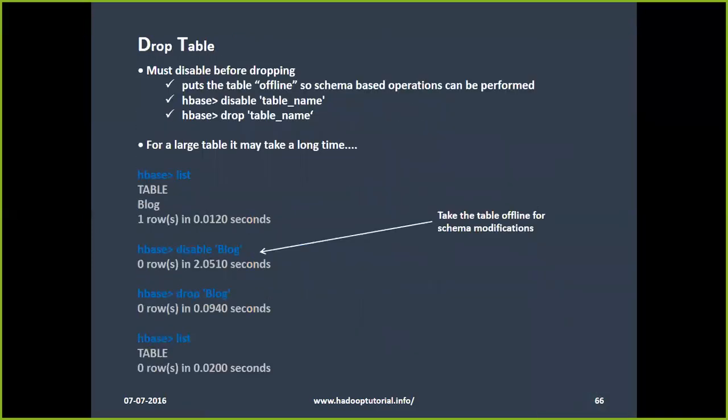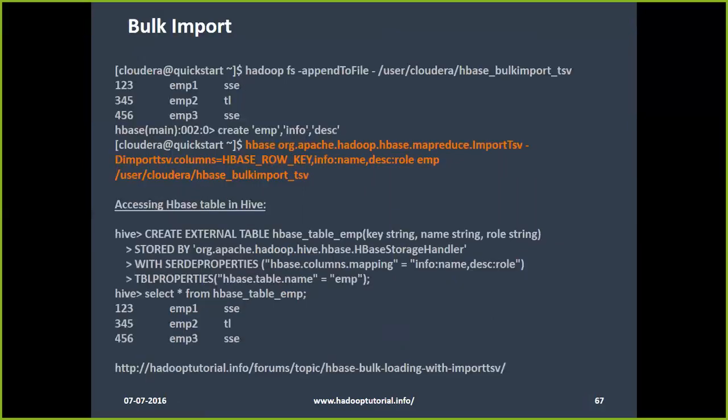And to drop a table, we first need to disable it and then drop the table. And I have shown you a utility to bulk load the data into an HBase table. If your data is in TSV format, tab separated value format, then you can use this MapReduce import TSV utility to load it.